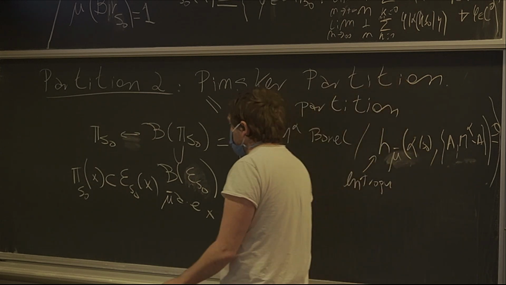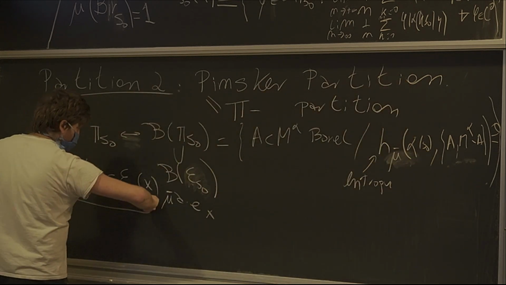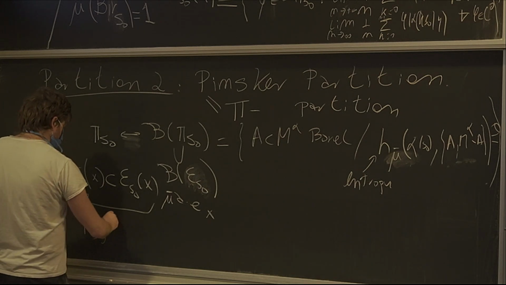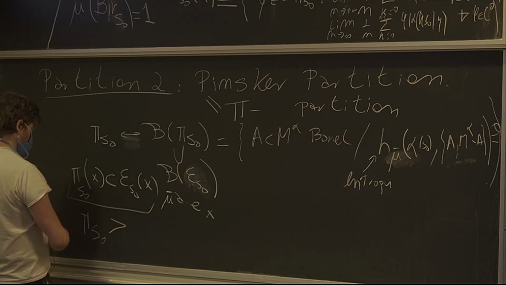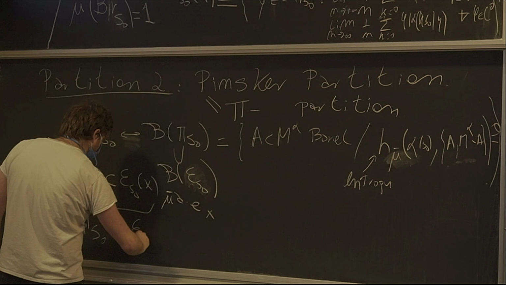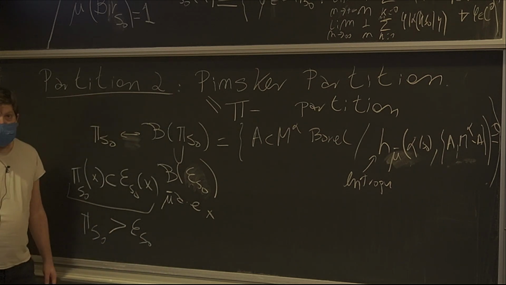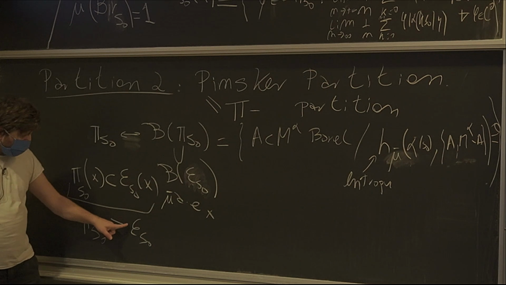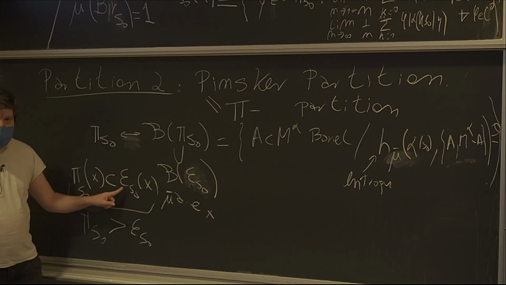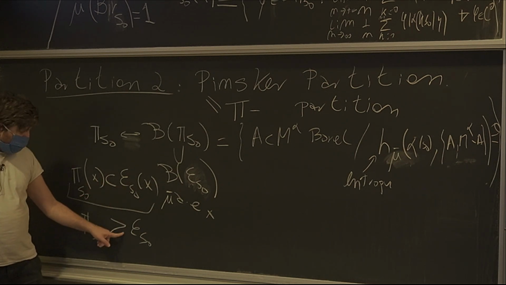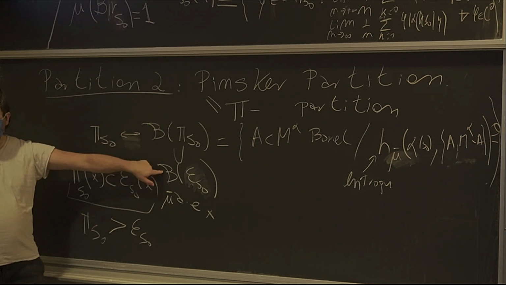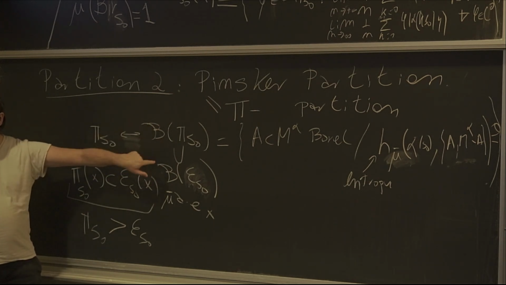And the notation for this is pi S naught refines epsilon S naught. Okay, and actually even though here the containment goes in this way, the inequality is written the other way because it's to reflect this sigma algebra containment.